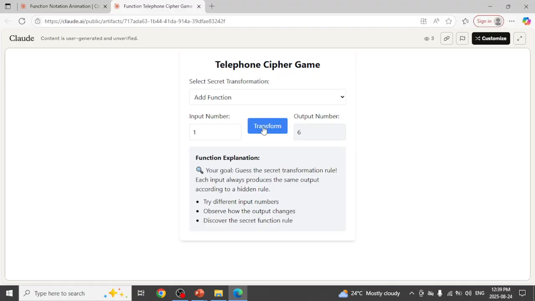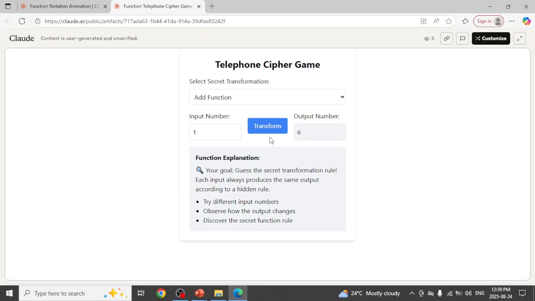We're going to try again with the same number. Every time I click transform, it gives us the same number. But if you try the same number and it gives you a different response, is that okay? No. A function is a special kind of relation. It's a rule that assigns each input to exactly one output.